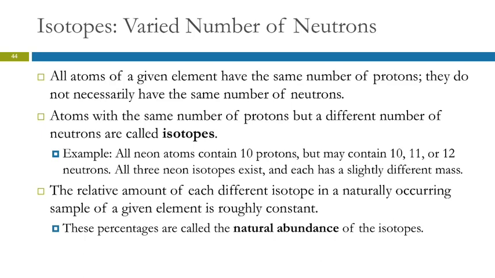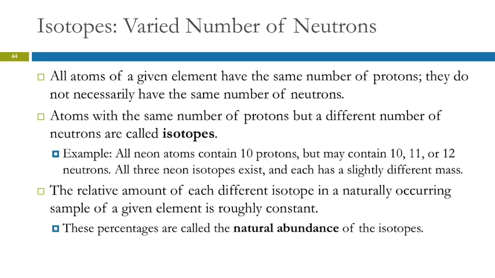Because the protons and the neutrons are the massive particles inside the atom, a different number of neutrons is going to change the mass of the atom. So here we have 3 different atoms of neon, and their masses are not exactly the same.